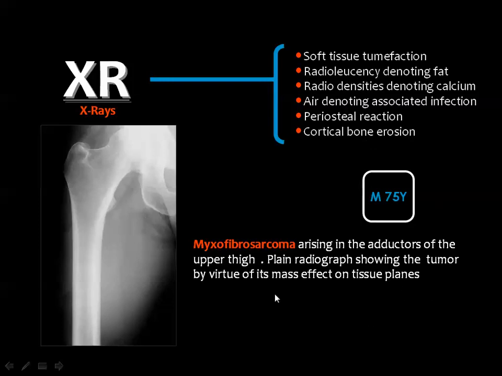And this is an example of a malignant tumor known as myxofibrosarcoma in the medial aspect of the thigh. The only thing here is to see that there is some soft tissue swelling, extra density, and obliteration of the usually seen intermuscular fat planes.